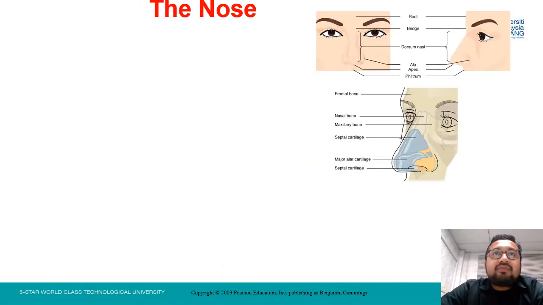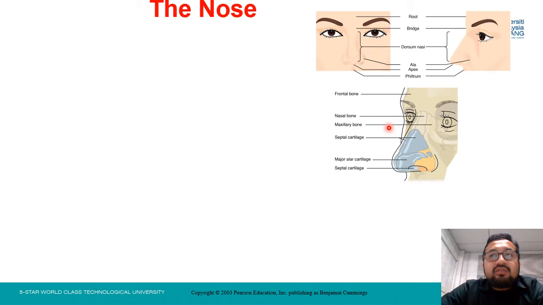So the first, go to the nose. Here basically the nose we can divide into ala, apex and philtrum. So this is some kind of memorization, kena remember the parts tu. And then inside our nose we've got a combination of bones and cartilage.